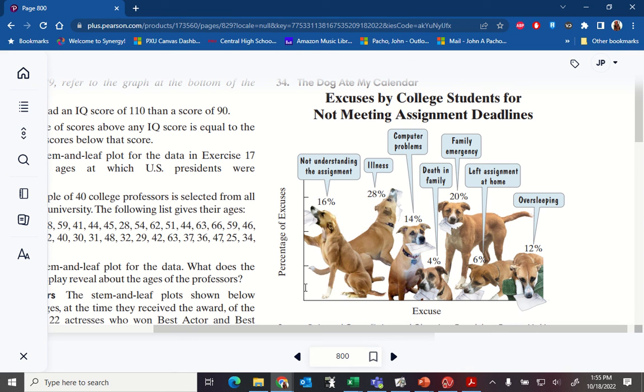Yeah, go ahead. There's too much information by trying to place it into one category. It says excuses. That's not really a way to measure this. So the excuses by college students for not meeting assignment deadlines: illness, computer problems, death in the family, family emergency, left assignment at home, and oversleeping.